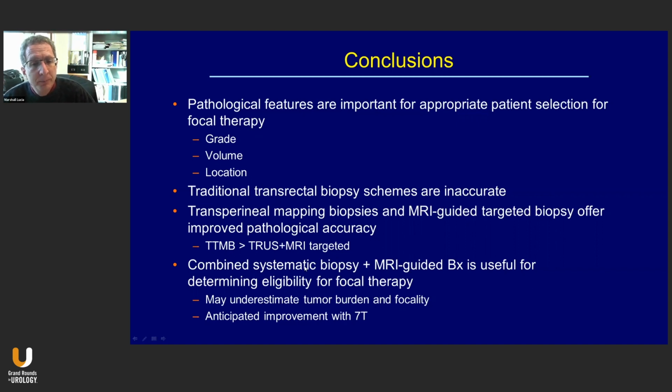But combined systematic biopsy plus MRI targeted biopsy is useful to determining eligibility for focal therapy. And although it is useful, it may underestimate tumor burden and focality. And hopefully we'll see improvement as we move from 3T to 7T technology. And with that, I'd like to conclude.